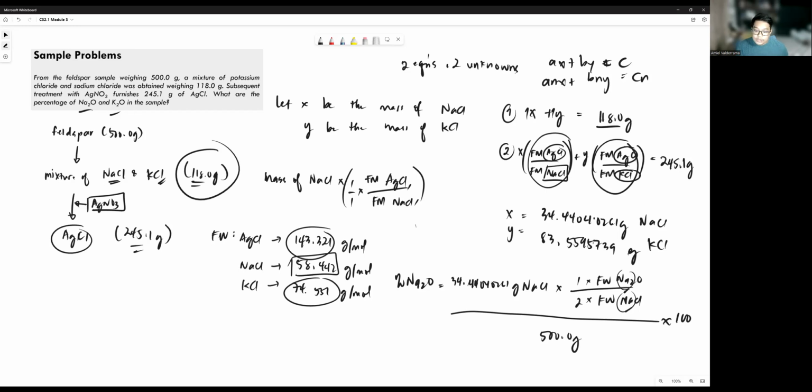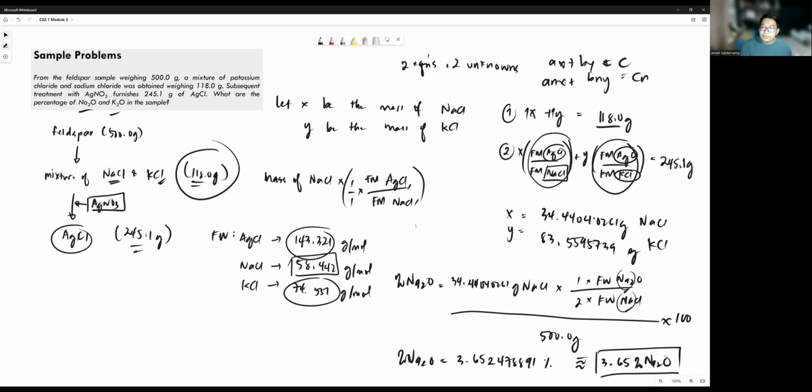Okay? So the percent Na2O is equal to 3.65247891%. And following the correct number of significant figures, it is approximately equal to 3.65% Na2O.